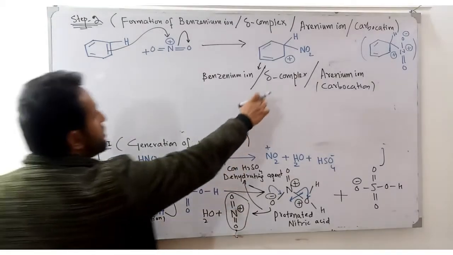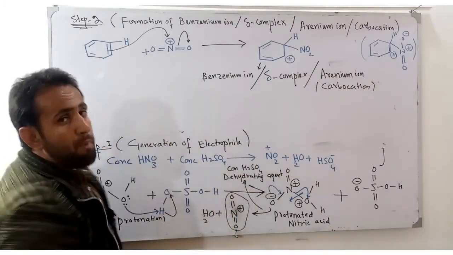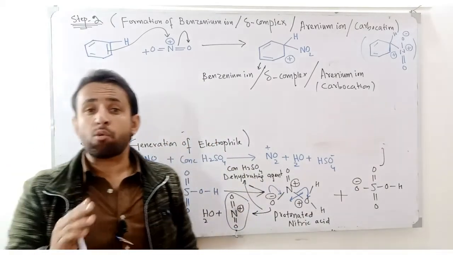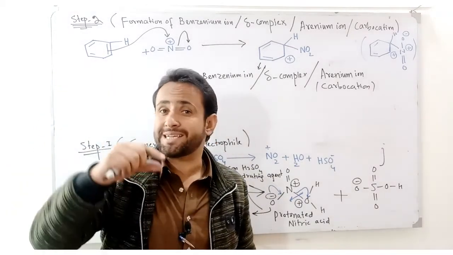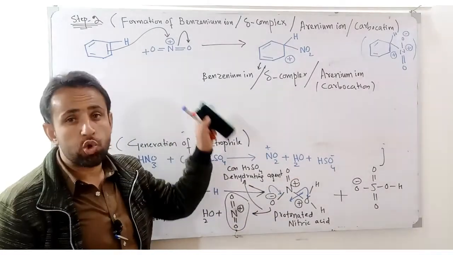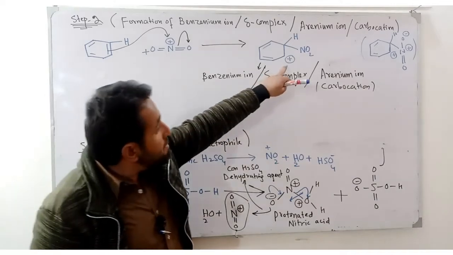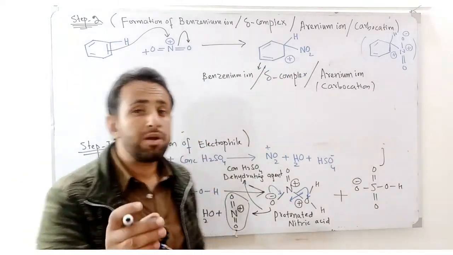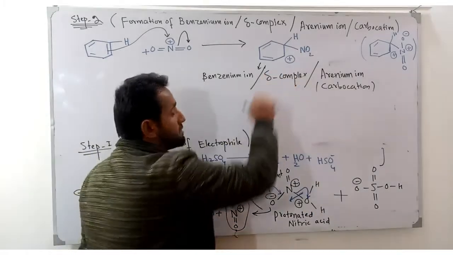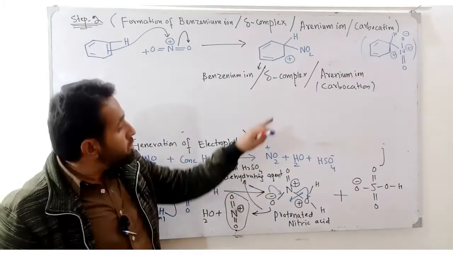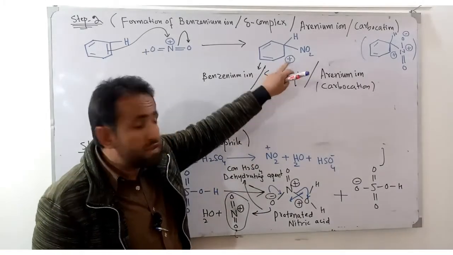This is a carbocation. If there was no conjugation in this benzene molecule, then after forming this positive charge, a nucleophile would directly attack this positive charge. What would happen when the nucleophile attacked this position?